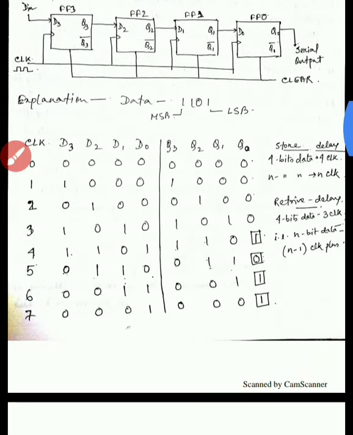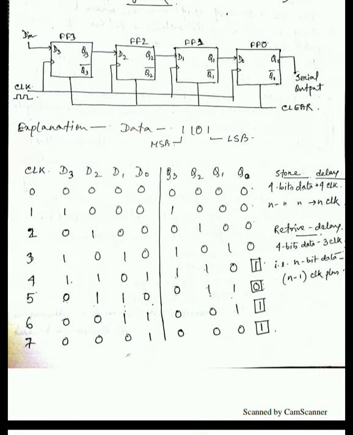You see here previously, on the 4th clock pulse we get one data bit, on the 5th clock pulse we get another bit, on the 6th clock pulse another bit, on the 7th clock pulse another bit. So for every bit we need one clock pulse in serial out register.